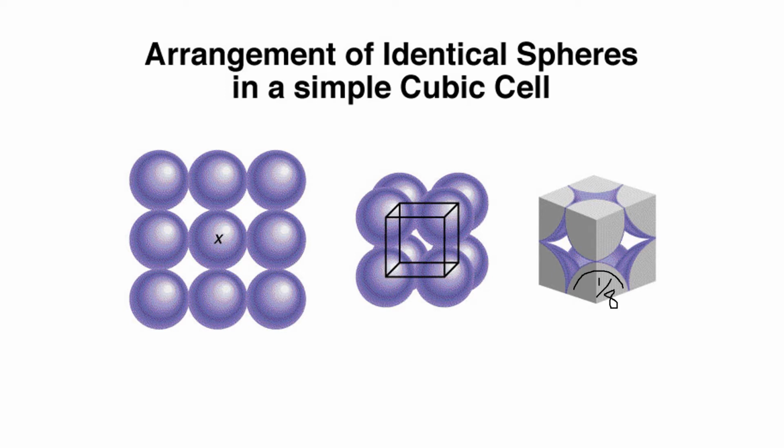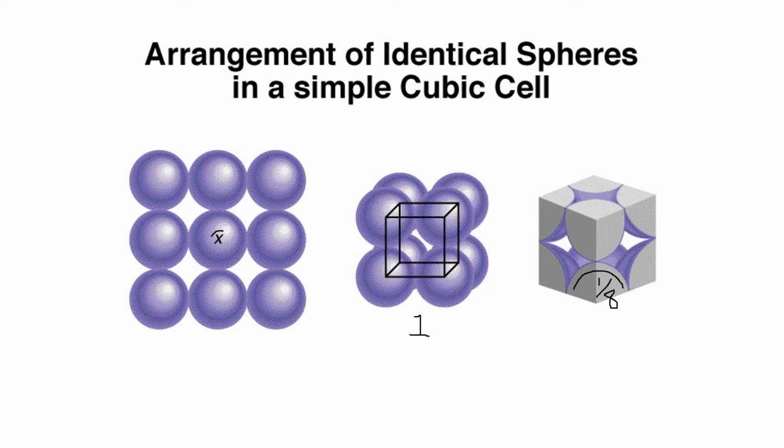So 8 times 1/8 gives us a total of 1 atom, ion, or molecule within the unit cell itself. Okay, so as packing efficiency increases, we're also going to see an increase in the number of atoms within that unit cell.